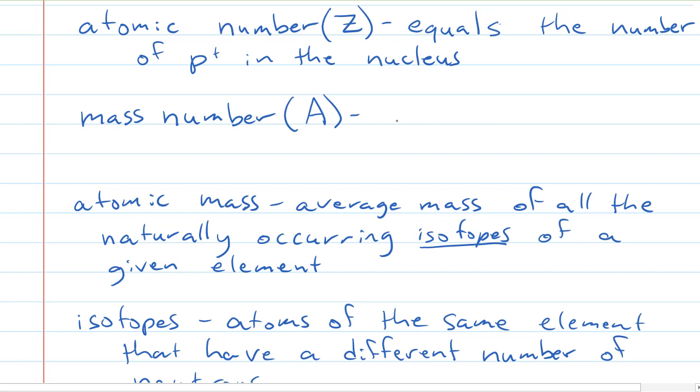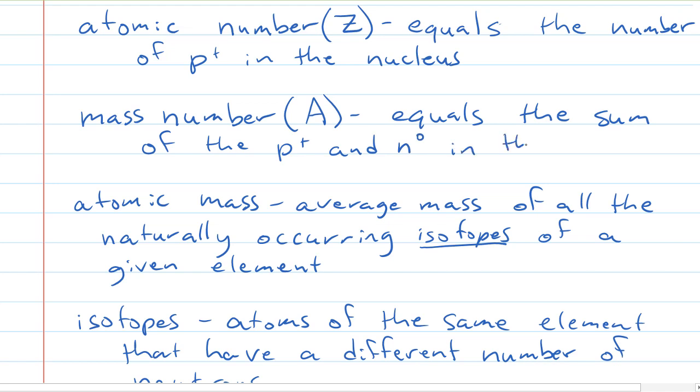And the mass number equals the sum of the protons and neutrons in the nucleus of one atom of that particular isotope. So the atomic number is the number of protons, the mass number is the sum of the protons and neutrons.